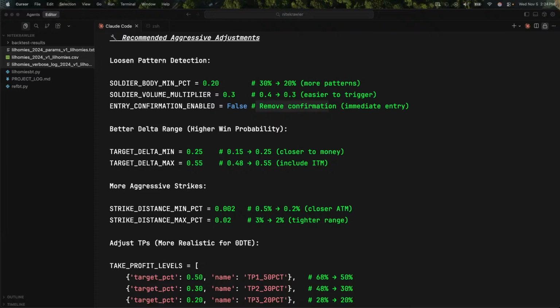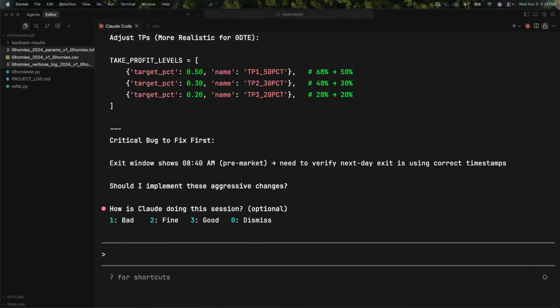Keep the strike distance the same and TP levels. All right, beautiful.